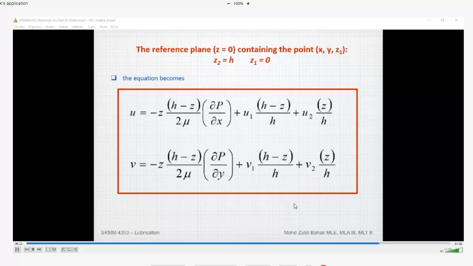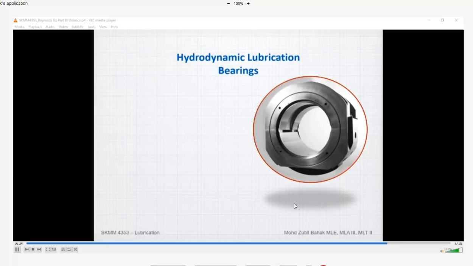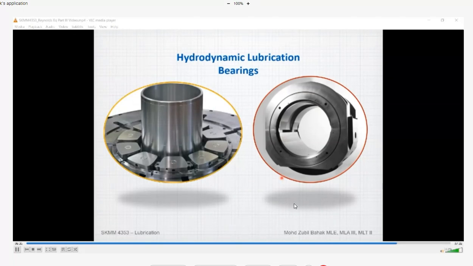This equation is applicable to hydrodynamic lubrication bearings. For example, we have this journal bearing, so that equation is suitable for journal bearings and also for thrust bearings.